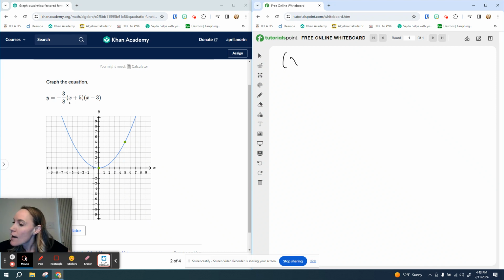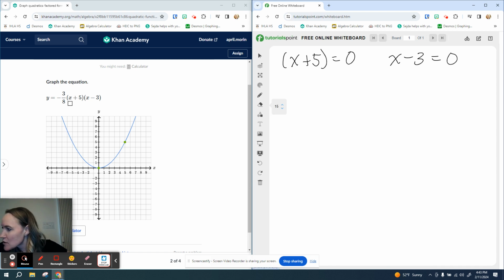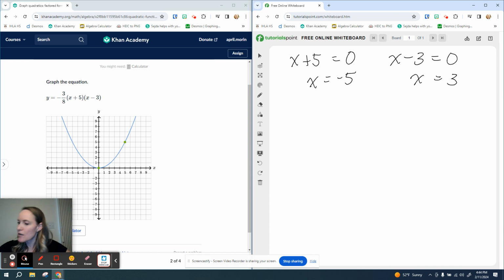Okay, so we have x plus 5 equals 0, and then I have x minus 3 equals 0. I don't really know why I wrote parentheses there, but let's just go ahead and erase those for now. There we go. All right, so we're good there. Okay, so I can tell x equals -5 here, and then x equals +3 here.